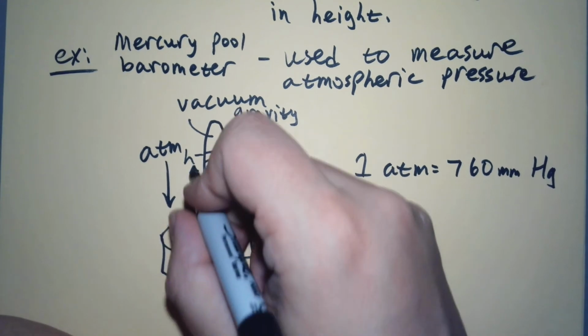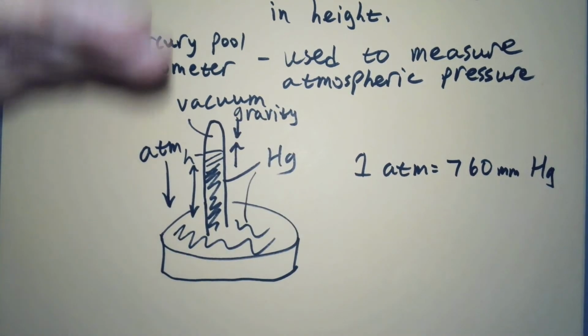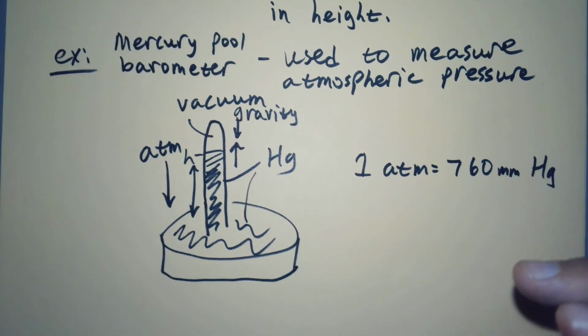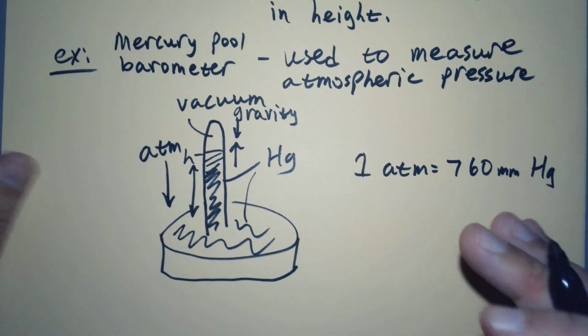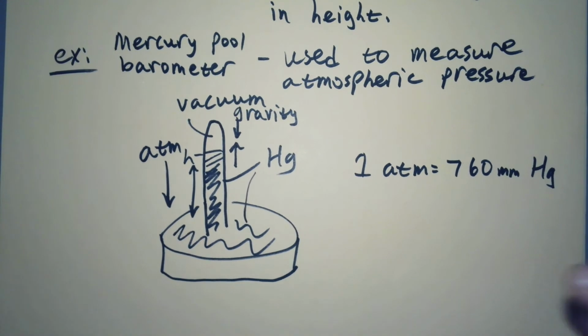Anyway, that column height in millimeters is going to be your pressure, and so 760 millimeters. That's roughly around 2 feet in height, somewhere around 30 inches or so, 2.5 feet, I guess. And so that's not bad, right? That's something you can set on a tabletop.